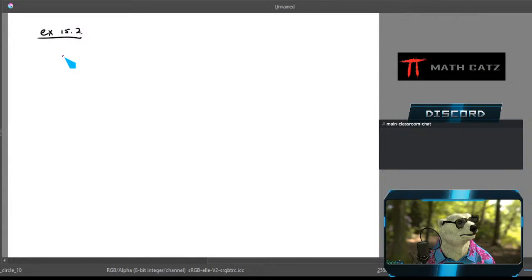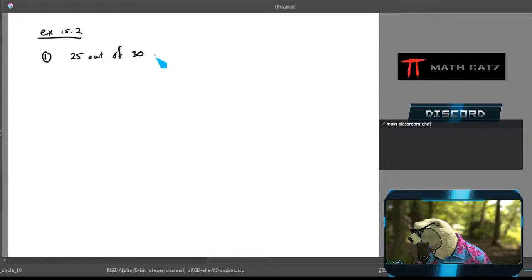Is it the correct percentage? Does it match? Was there a mistake on the spreadsheet? You need to check these things. It's important. So 25 out of 30, that'll correspond to a fraction 25 over 30. I multiply that by 100, I get a percentage. It's as simple as that.